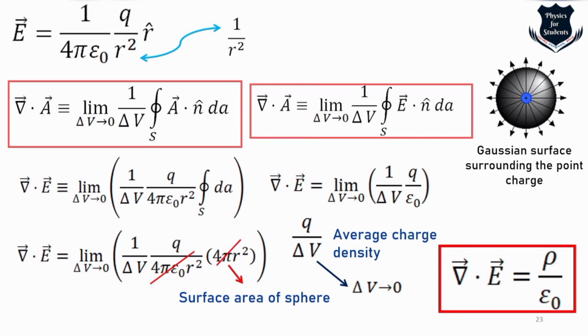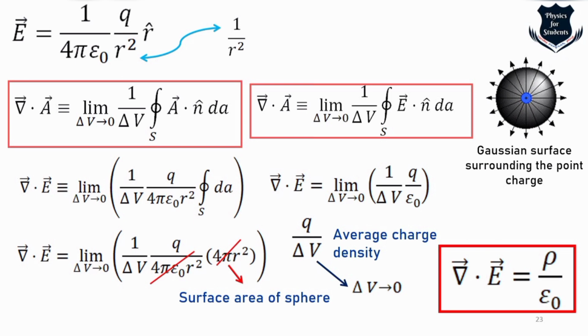So now you see that we have got the differential form of Gauss's law. On the left hand side is the divergence operator, and on the right hand side you see this. So this is exactly a simple way of using a Gaussian surface and using the 4 pi r square part, and we get the total value.